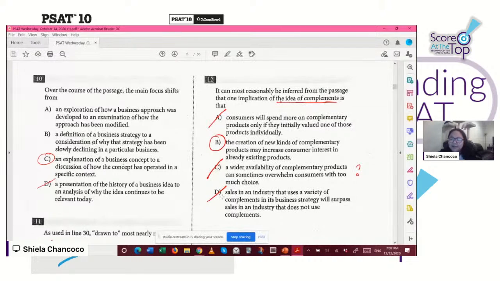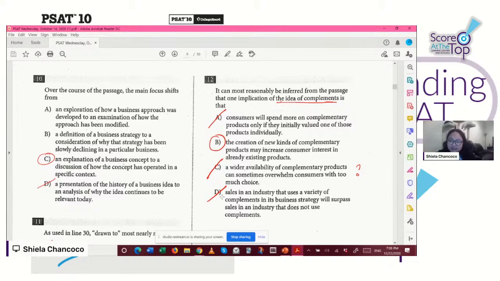So that's why I put a question mark on C, because I was between B and C initially. A wider availability of complementary products can sometimes overwhelm customers with too much choice. Actually, never mind. That one is just not mentioned in the passage. I think it was D that I was a little confused about, but A, C, and D are completely not within the ideas of the passage, right?